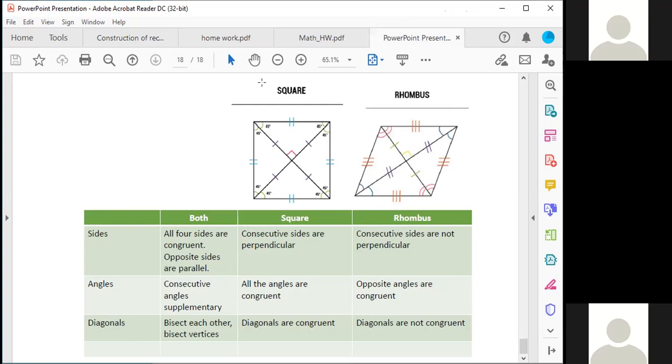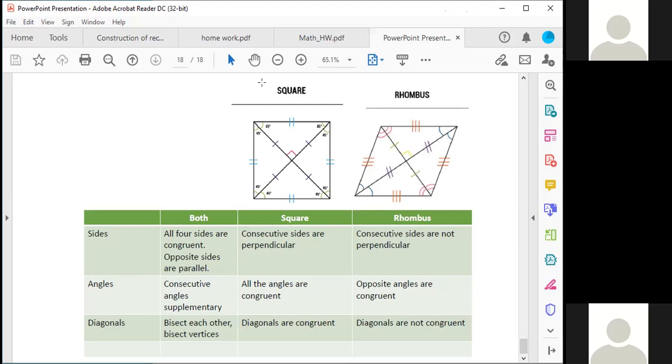Are congruent and all, this is perfect. All angles are congruent, opposite angles are congruent. And we had already talked about it: opposite angles are congruent and consecutive angles are supplementary. They're equivalent statements, so it's better to have the same thing.